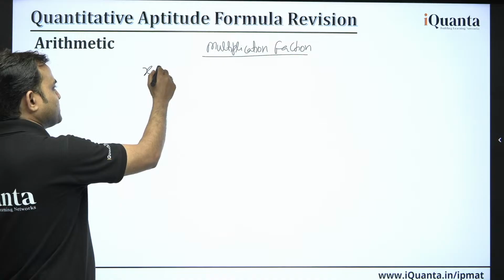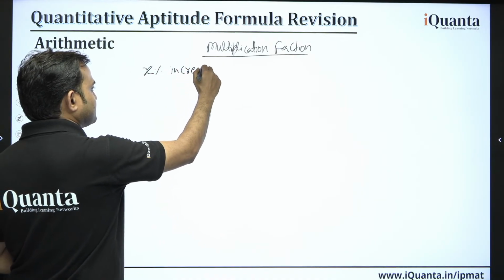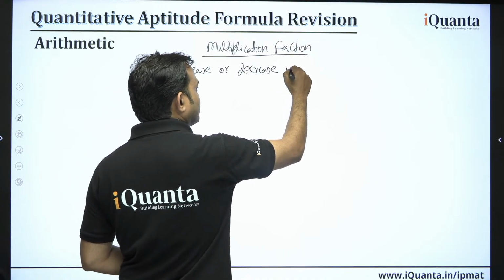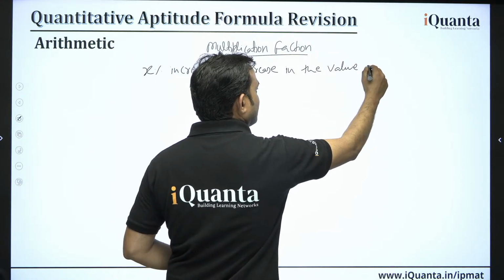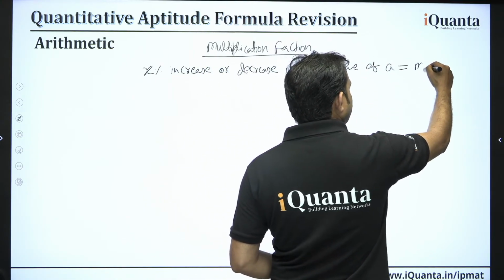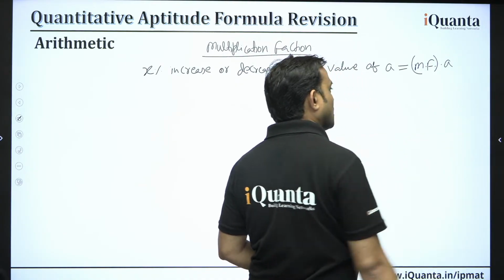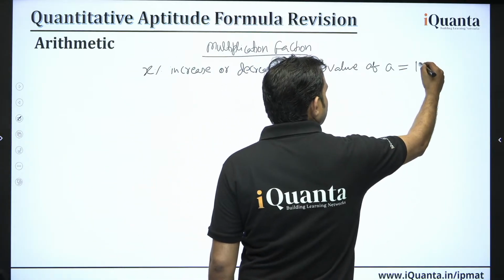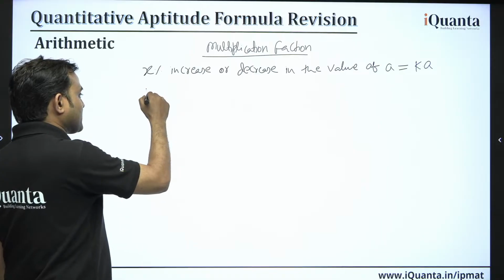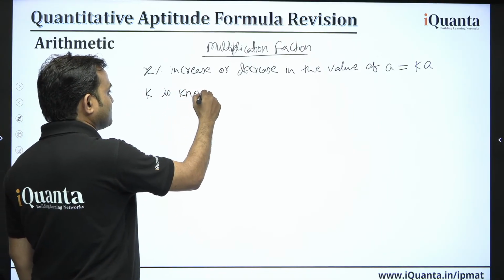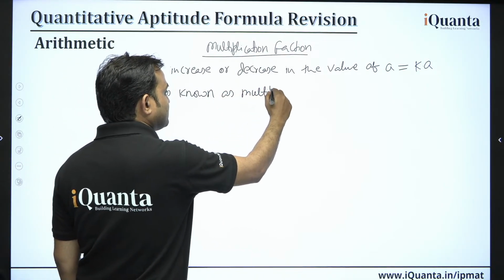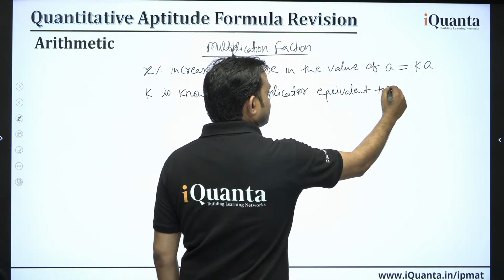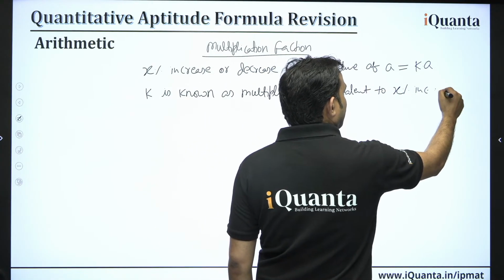So, we say X% increase or decrease in the value of A. Let's say this is equal to multiplication factor into A, or K into A. This K is known as multiplication factor equivalent to X% increase or decrease, whatever is required.